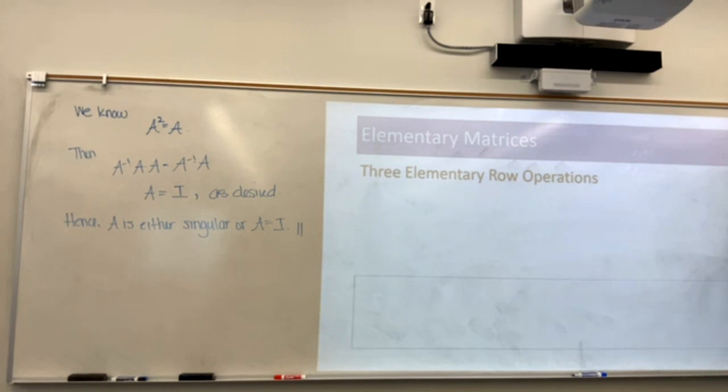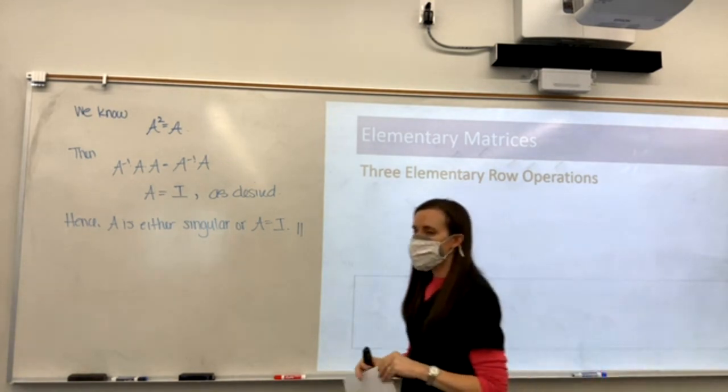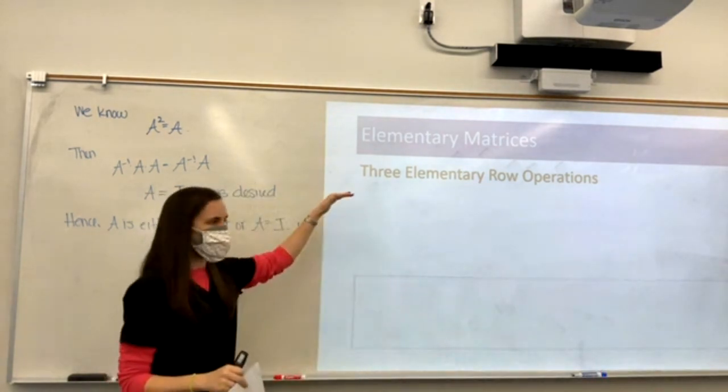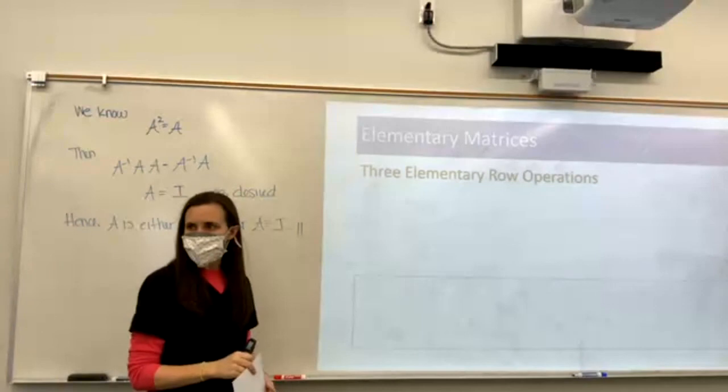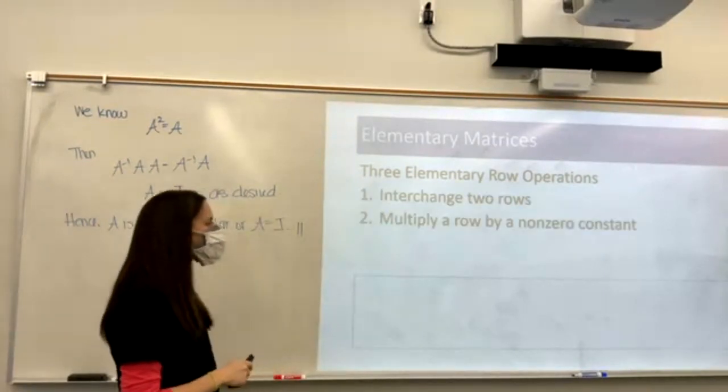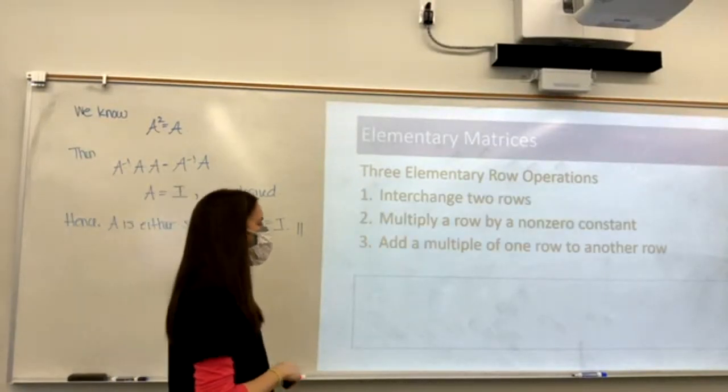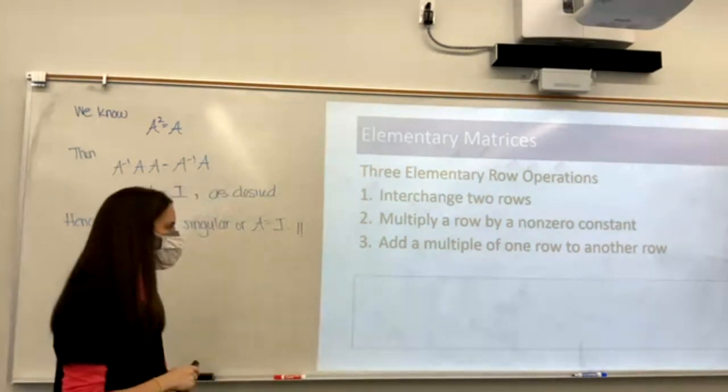Multiply by a non-zero scalar. Swap two rows. Add a multiple of one row to another row. Interchange two rows, multiply a row by a non-zero constant, add a multiple of one row to another row.